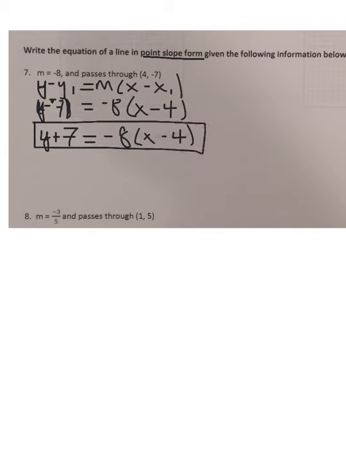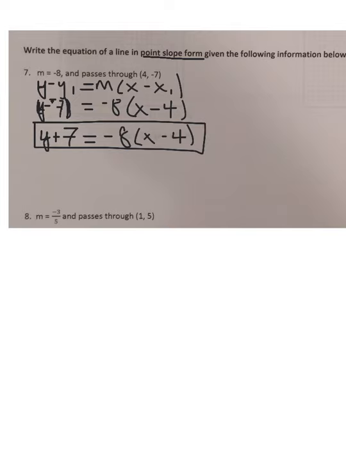All right, y minus negative 7, well, that's not the way we want to leave it, so we're going to make that y plus 7 equals negative 8 times x minus 4. And there's your answer in point-slope form.